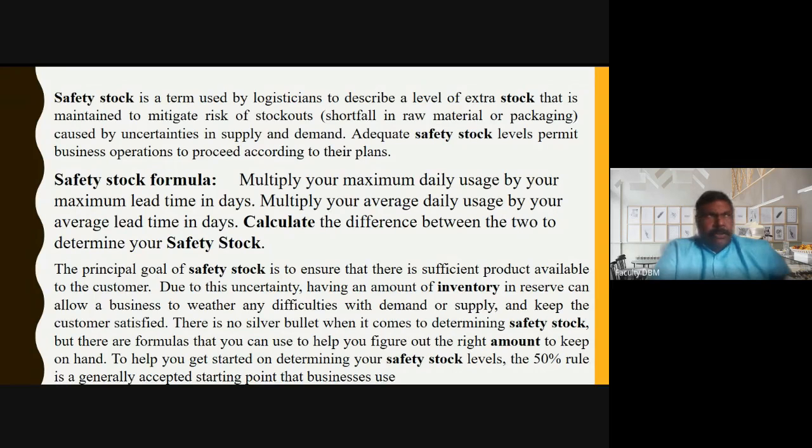Mostly, some people will be keeping 50%, some people will be keeping 30%. It depends on that particular organization, the particular manager and the particular operations, how much safety stock we have to keep. Why we need this safety stock: we have some reorder level, and after the reorder level, we give the order to the supplier.